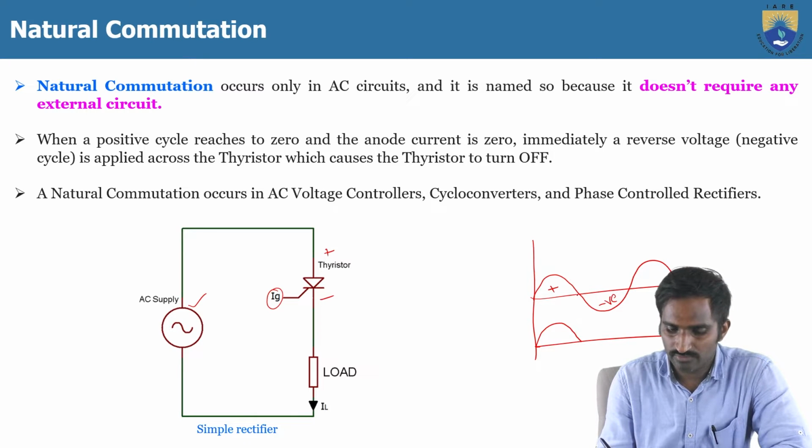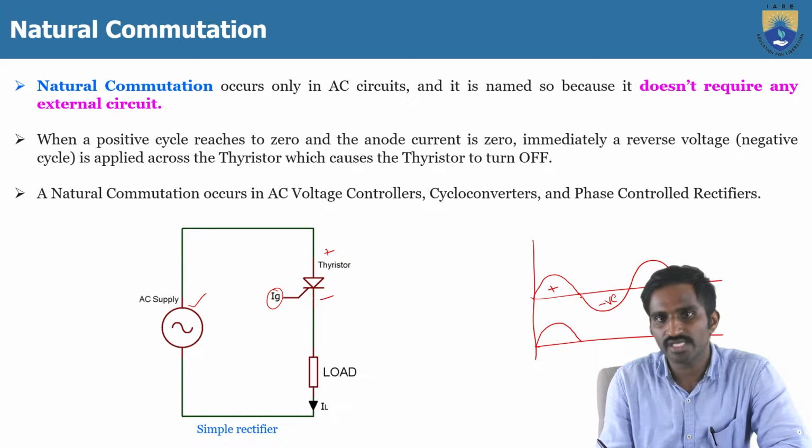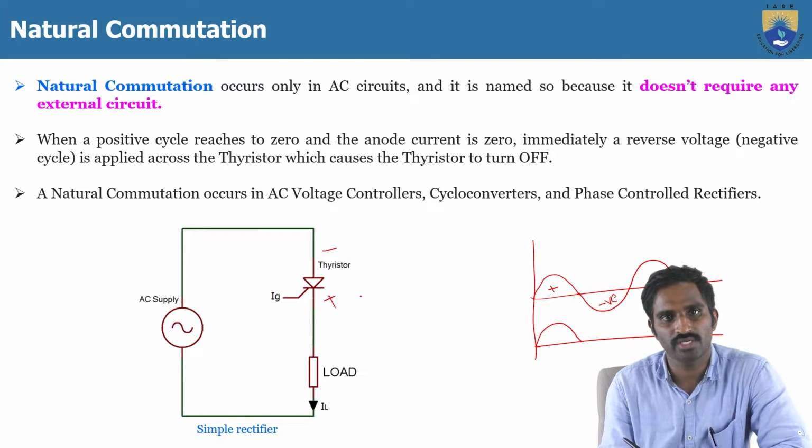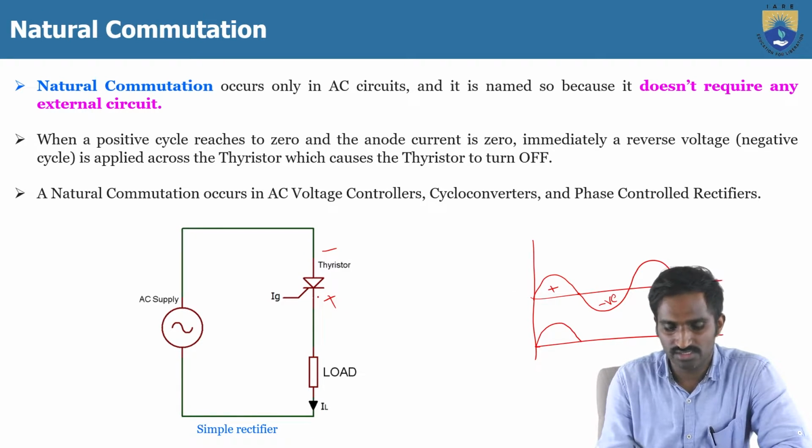And when it reaches 0, immediately the reverse bias is applied across the thyristor T1. Here the anode is negative with respect to the cathode, so the reverse biased voltage is applied across the thyristor, and the thyristor will turn off, so that there is no voltage.